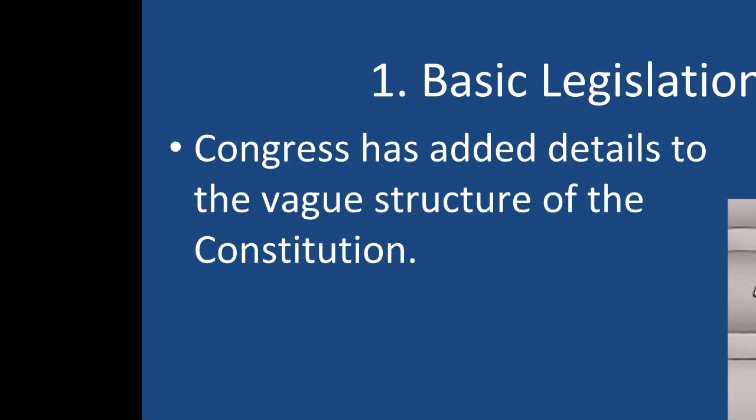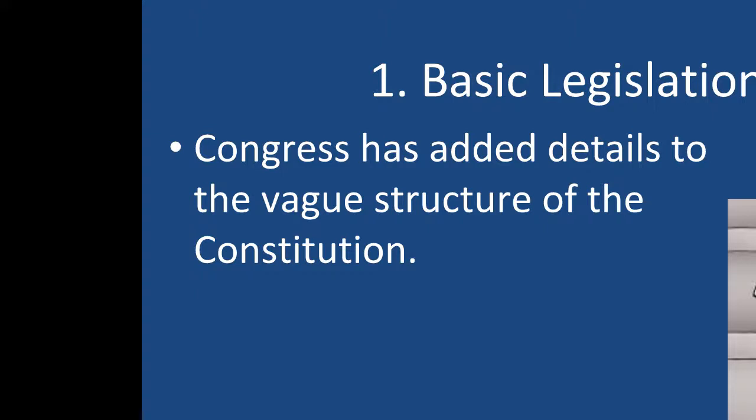Congress has added some details to the vague structure. So think of the Constitution like the bones of the government, and the basic legislation and the informal changes are like the meat, like the muscle and tissue and all that stuff that's added to the bones to make it a real thing, like a living thing.